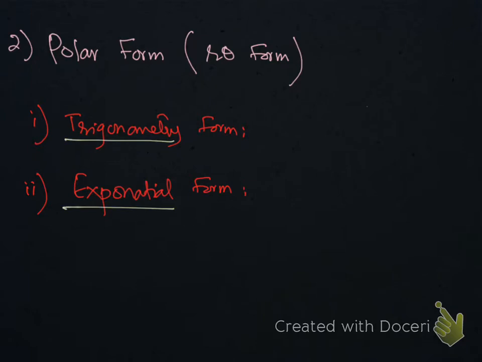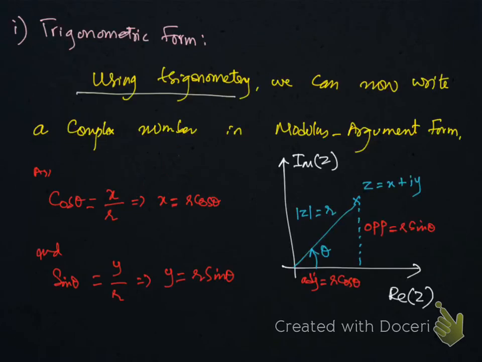Polar form. Now polar form is also known as the r theta form, and there are two polar forms. The first one is the trigonometric polar form and the second one is the exponential polar form. Trigonometric form. To get the trigonometric form, we should use trigonometry.